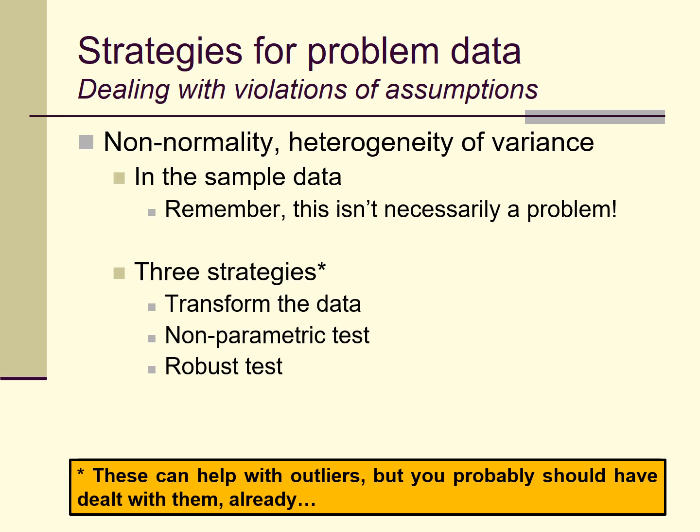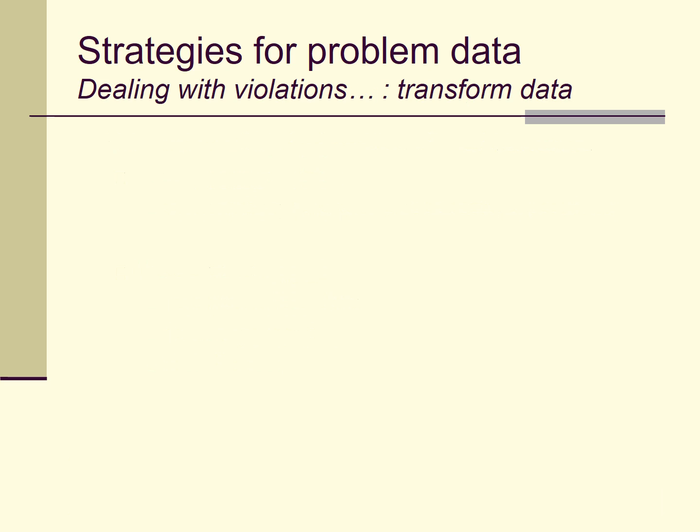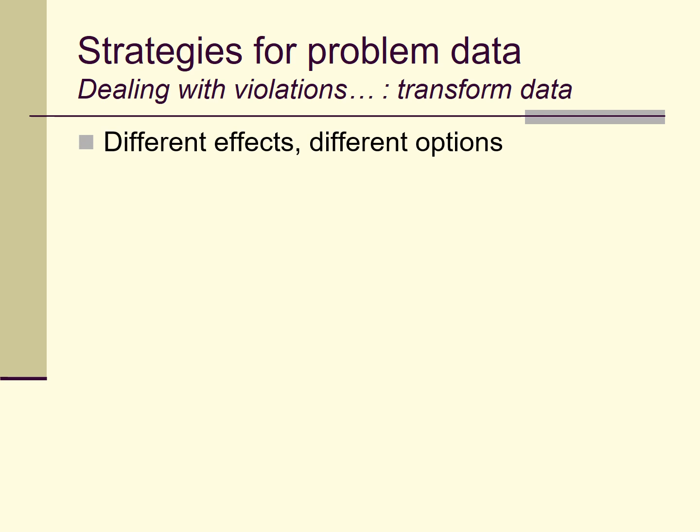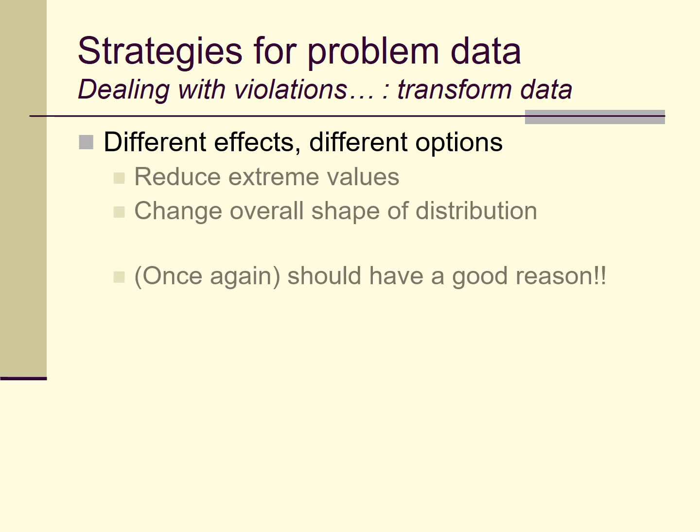So let's look at the first of these three strategies. Transforming the data set. There are actually a large number of different transformations we could do to our data, and they have different types of effects. Often the ones that we are interested in are transformations which reduce extreme values or change the overall shape of a distribution.